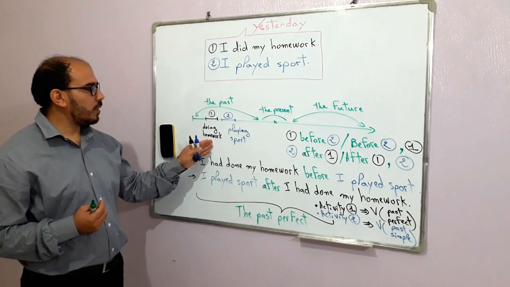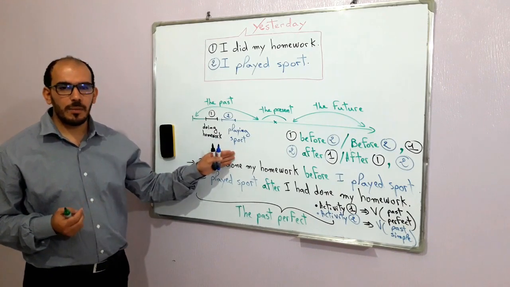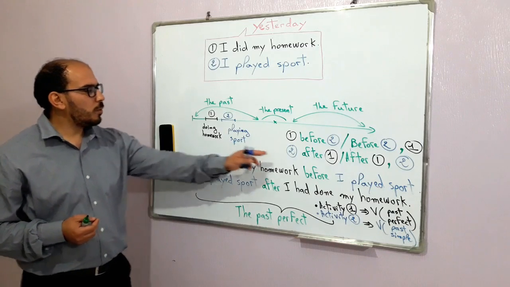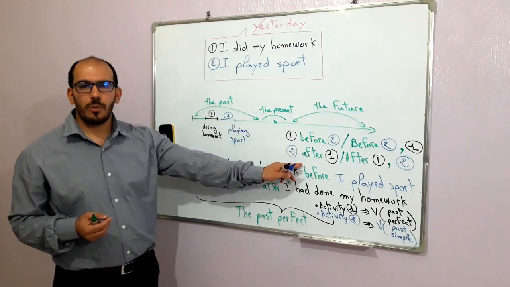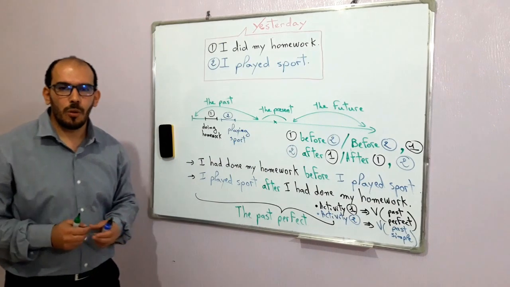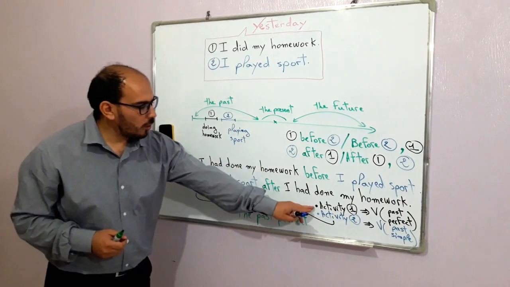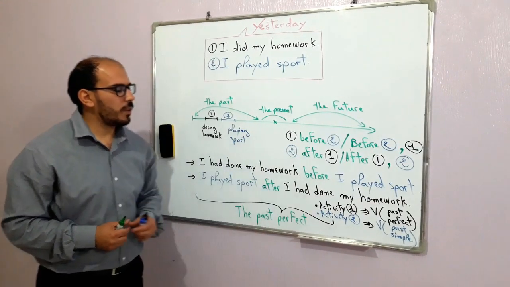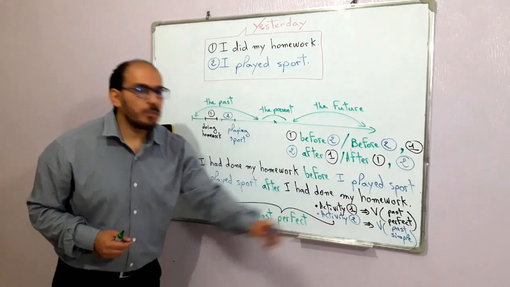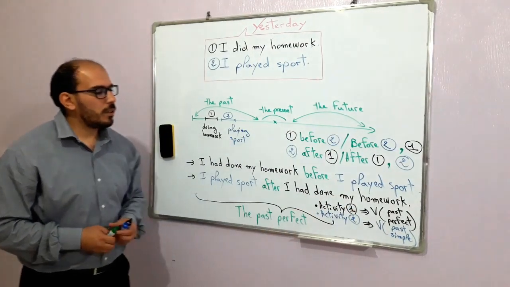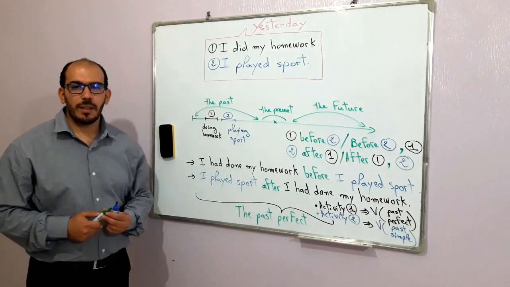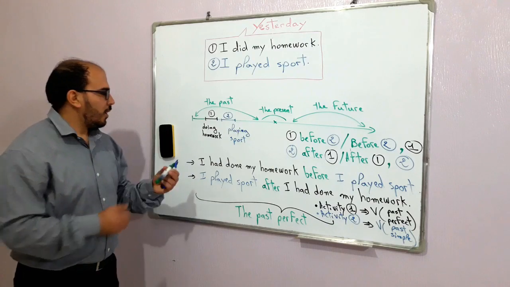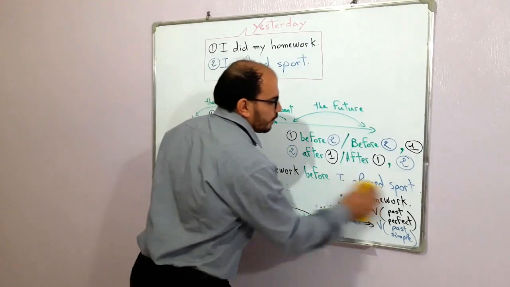We link between them using before or after to show order. And all the time activity number one is written in the past perfect and activity number two is written in the past simple.